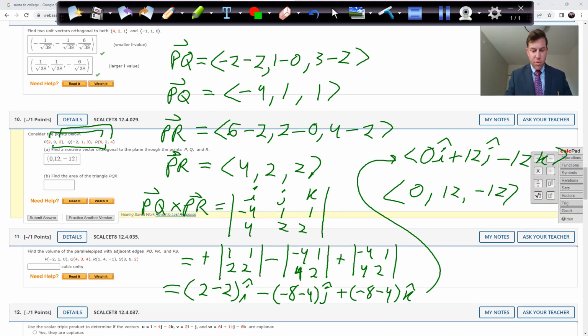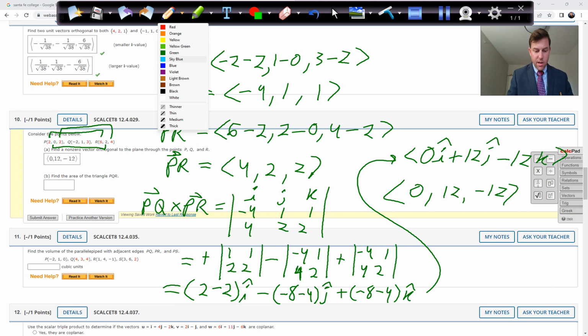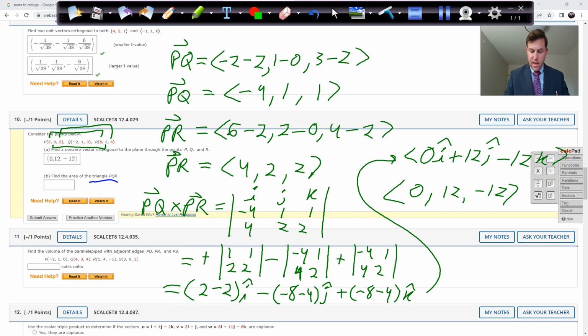Okay, in the second part of this, it wants us to find the area of the triangle created by those 3 points PQR. Well, it turns out that the area is equal to 1/2 the absolute value or the magnitude of the vector created by the cross product. So it's 1/2 the magnitude of PQ cross PR.